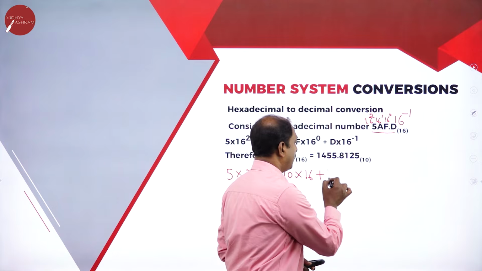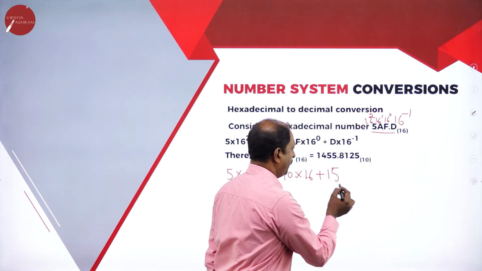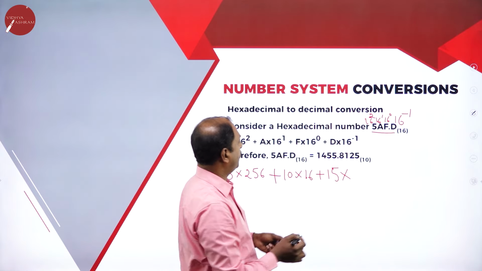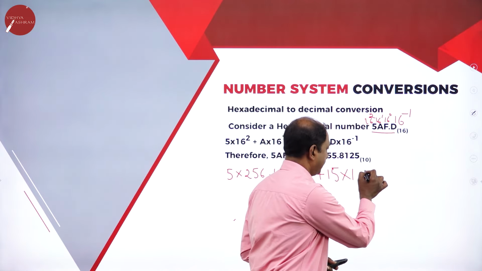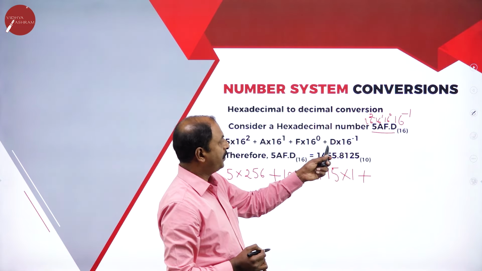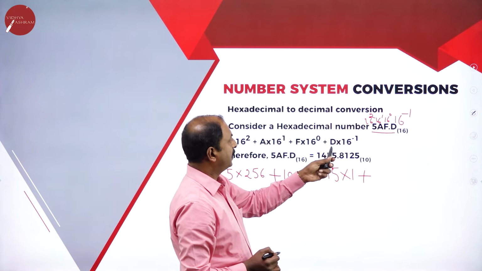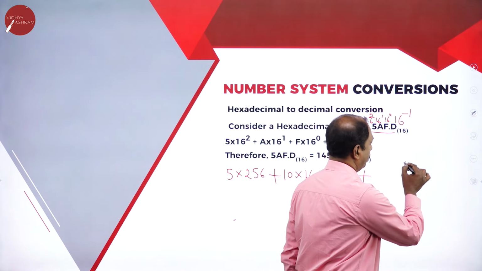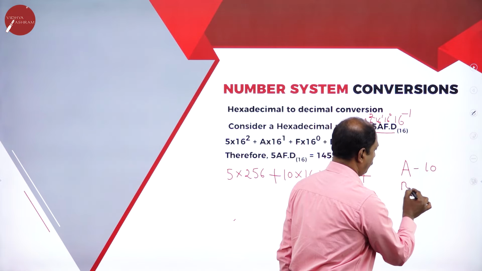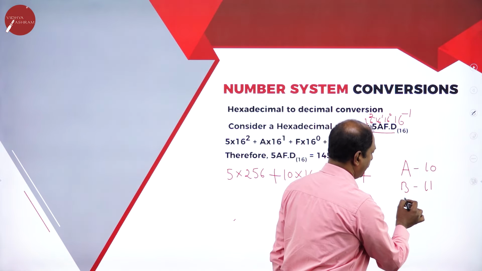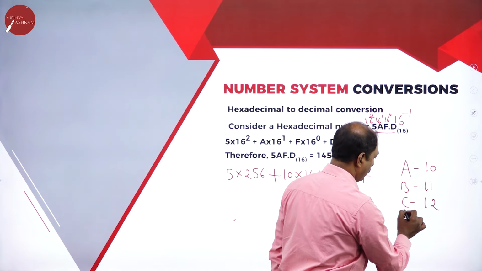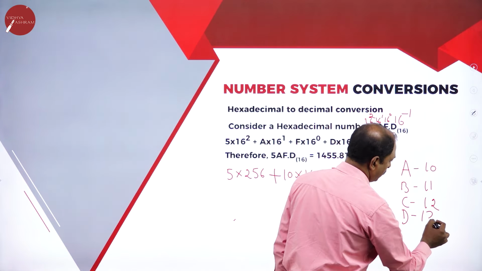F is equivalent to 15, into 16 to the power of 0, which is 1, plus D. A is 10, B is 11, C is 12, D stands for 13.